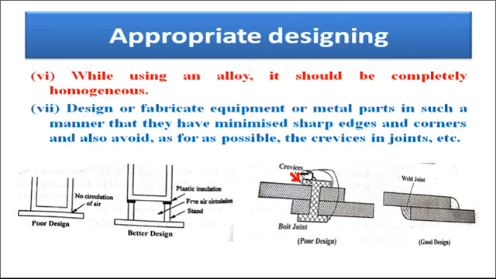And we know if crevices are there, then the chances of pitting corrosion and the rate of corrosion will increase. While if we are joining these structures through welding, then it is a good design because no crevices are there. So we can minimize differential aeration corrosion in this way. So by using proper designing we can minimize corrosion.